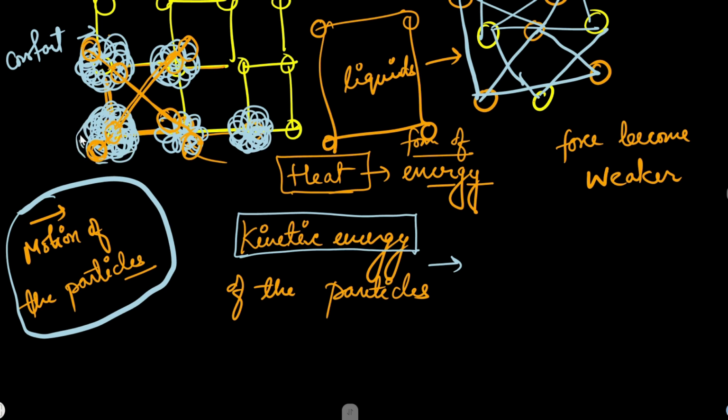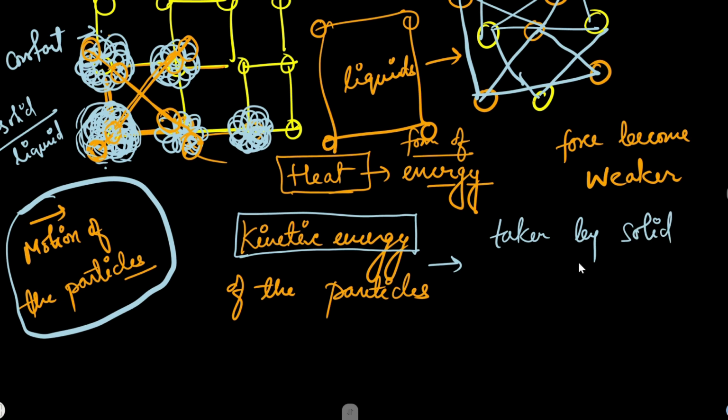They are still in their intact position. The solid has not converted into liquid, until and unless the distances become so high. Until then, there is some energy which is taken by the particles inside the solid.